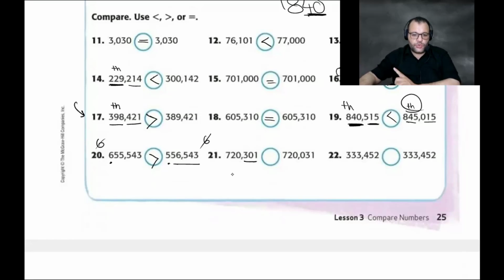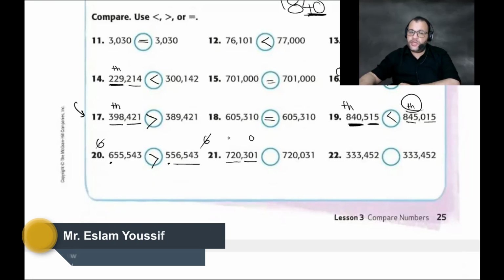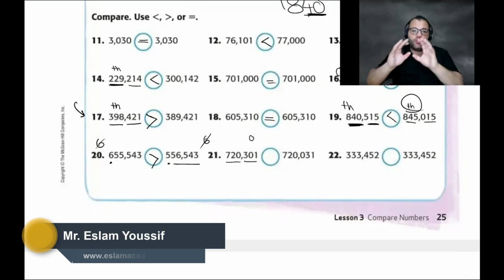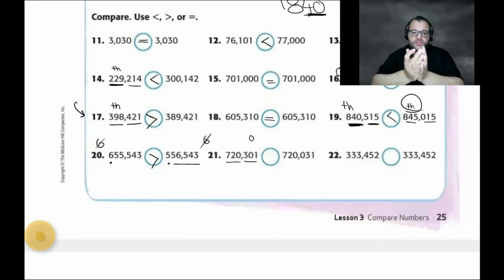That's the first group. 1, 2, 3. That is the second group. The first group or period is the ones period. The second digit is the tens, the third is the hundreds. Now I'm talking about groups, the period, the family of a number formed from 3 digits. The first group is called ones.